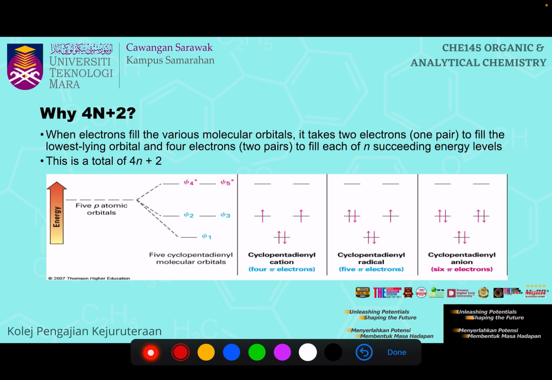So why 4n plus 2? When electrons fill the various molecular orbitals, it takes 2 electrons, one pair, to fill the lowest-lying orbital, and 4 electrons to fill each of the n succeeding energy levels. So this is a total of 4n plus 2.